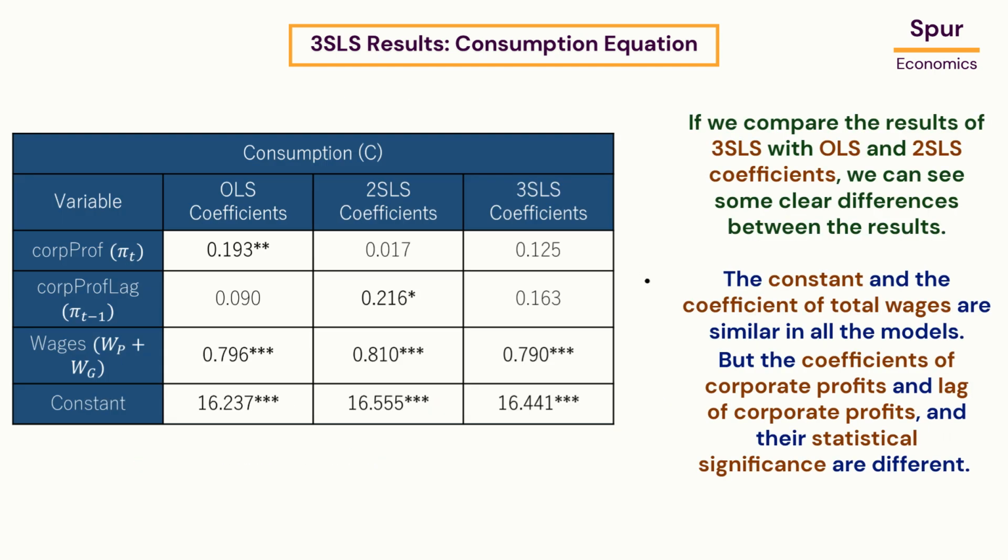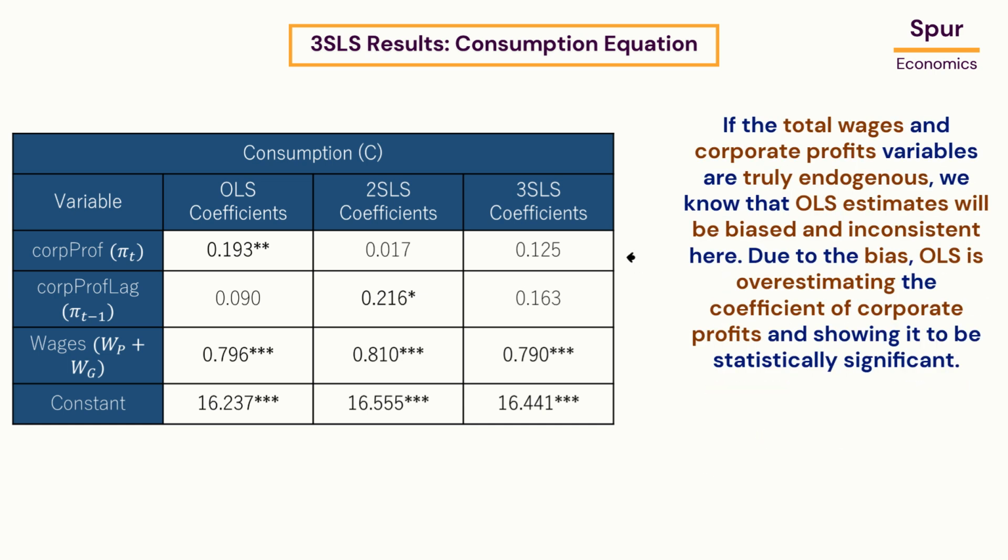If we compare the results of 3SLS with OLS and 2SLS coefficients, we can see some clear differences between the results. The constant and the coefficient of total wages are similar in all the models. But the coefficients of corporate profits and lag of corporate profits and their statistical significance are different. If the total wages and corporate profits variables are truly endogenous, we know that OLS estimates will be biased and inconsistent here. Due to the bias, OLS is overestimating the coefficient of corporate profits and showing it to be statistically significant.